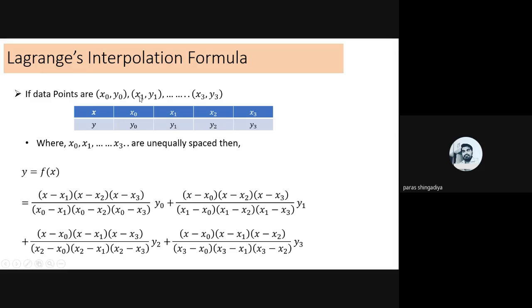And for unequally spaced data, if the difference between two consecutive terms in the argument x is not equal, then we can apply the Lagrange interpolation formula, otherwise the Newton divided difference formula. That formula we had discussed in the last lecture, how we can predict each and every term.